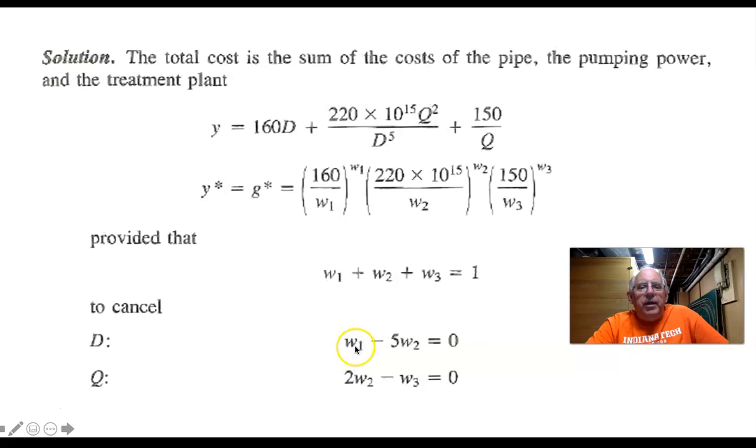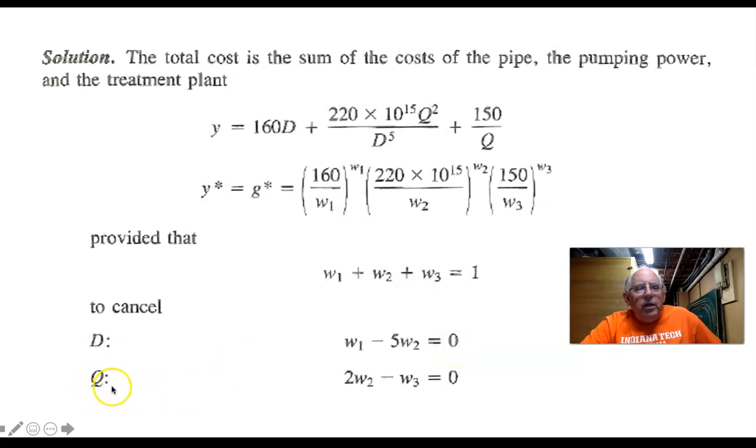So this term here comes about due to this term having a first power dependency on the D. We then look at the second term and we see that the D is a minus fifth power. And so that's where we get the minus 5 W2. And then we say the third term doesn't have any D associated with it. And so there is no third term then in this equation. And we set that equal to 0.